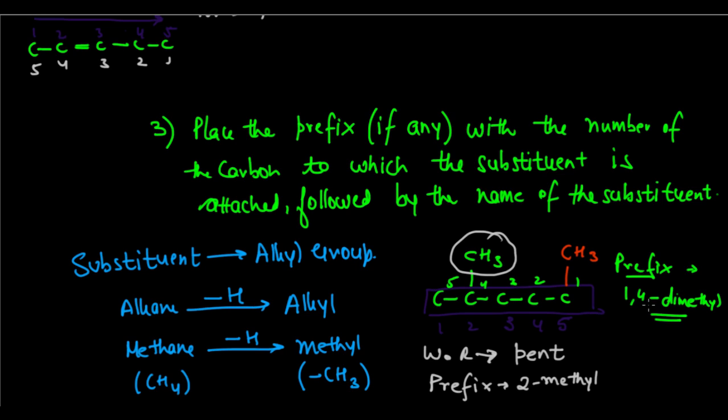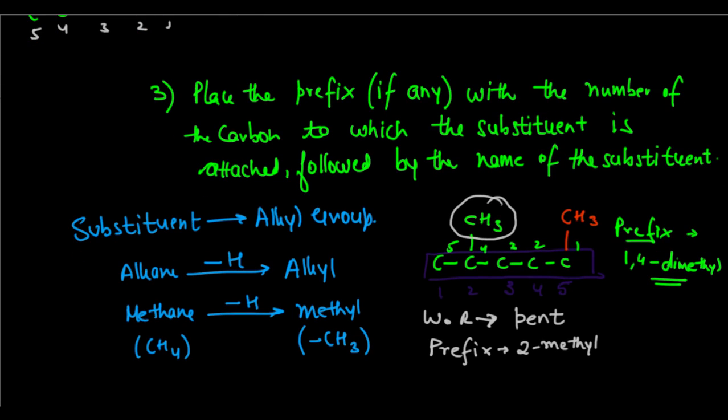Okay, so word root, let's come back to our normal case. Word root will be pent, prefix will be 2-methyl, and you know that it is an alkane, there is only single bond, so the primary suffix will be ane, and there will be no secondary suffix since there is no functional group.